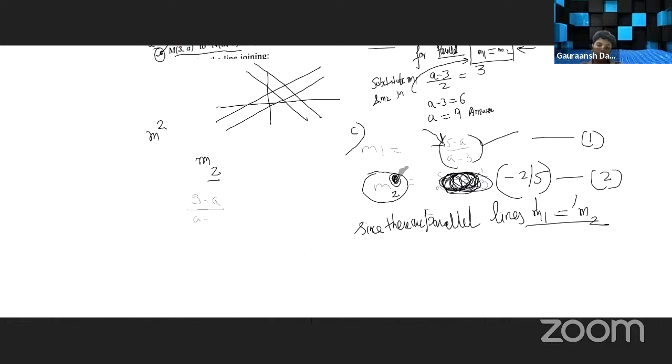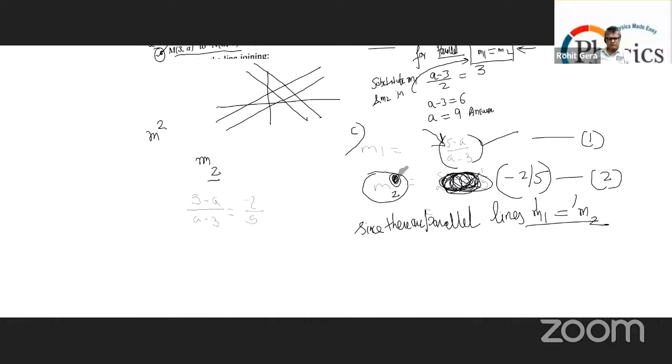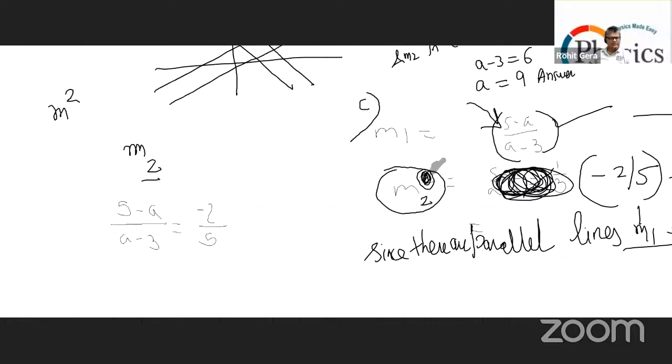-3 equals -2/5. So now I cross multiply. That is correct.